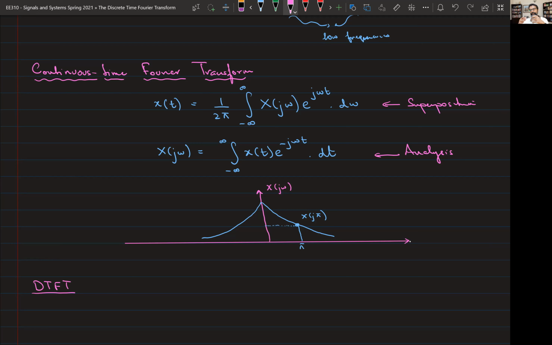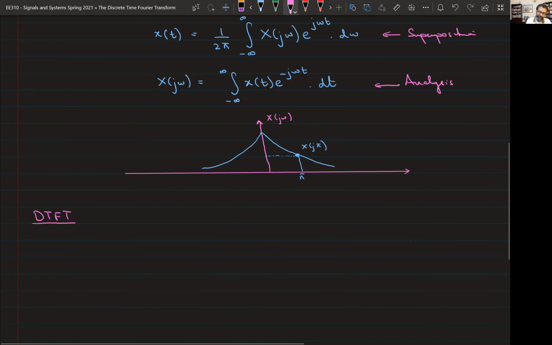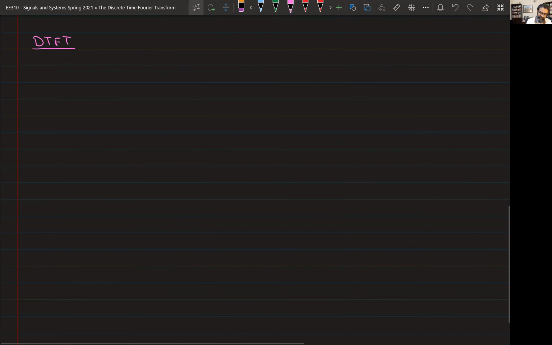Instead, I'm just going to try to draw parallels from the continuous time Fourier transform and see what ideas are applicable in the discrete time case, what translates directly and what needs to be changed. So what Fourier analysis in the discrete time case indicates is, once again, that any discrete time signal, whether periodic or aperiodic, can be represented as a superposition of discrete complex exponentials of varying frequencies.